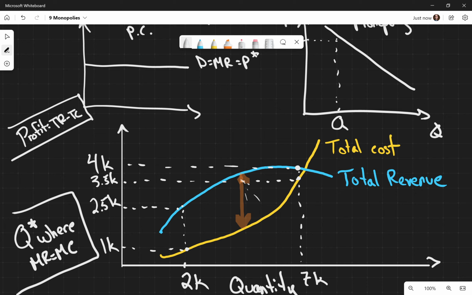Does that make sense, everyone? If I produce early, I'm missing out on revenue because the quantity is low. If I produce a lot, I'm missing out on revenue because the higher quantity pushes down the price. So in this situation, our quantity is too low to maximize profit. In this situation, our price is too high to maximize profit. Or sorry, price is too low.